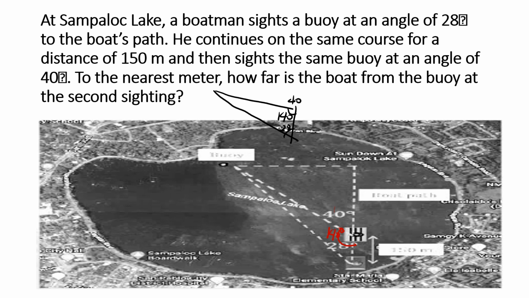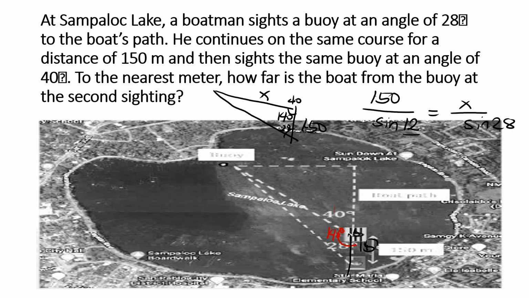And this is the 150. What we need to find is this one. So what you need here is the law of sine. So what you're going to have here is 150 over sine 12 is equal to x over sine 28.